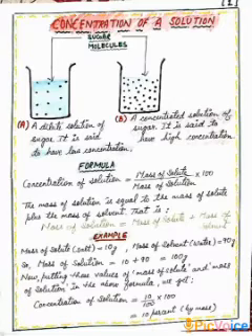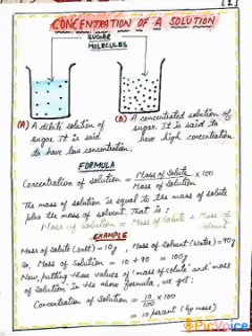The mass of solution is equal to the mass of solute plus mass of solvent. So, we can obtain the mass of solution by adding the mass of solute and the mass of solvent.